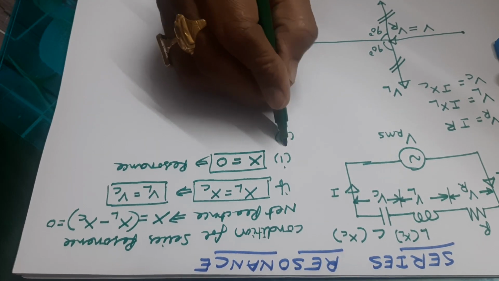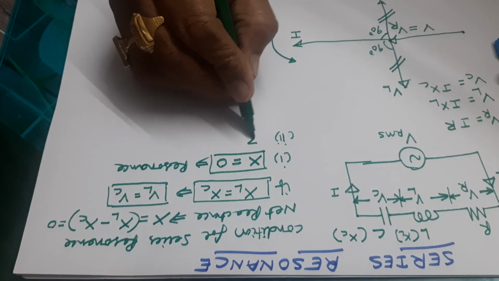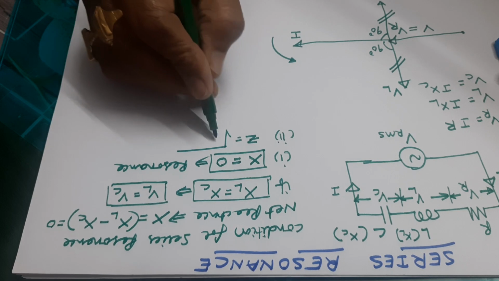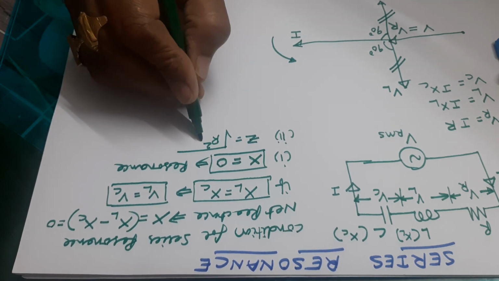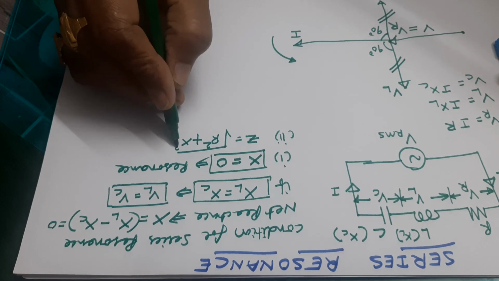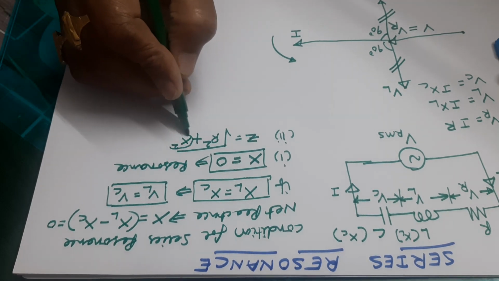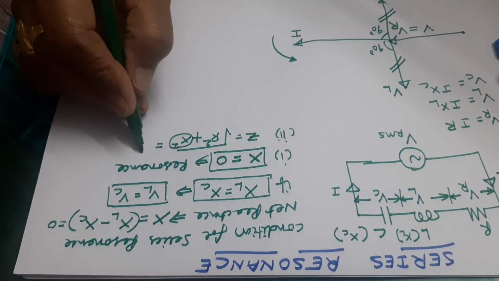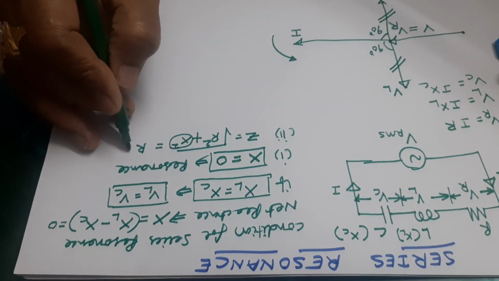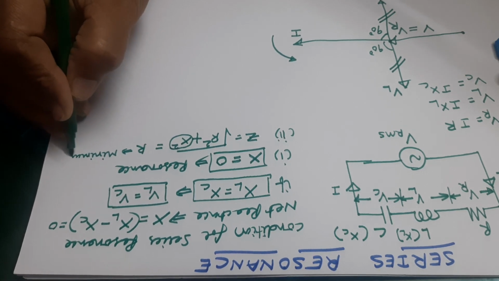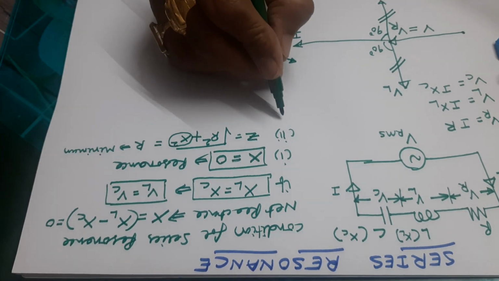Once the net reactance value is 0, we know that in AC series circuits the impedance is the vector sum of R and reactance. So this part becomes 0, and the impedance offered by this circuit is only the R value. That is, it is offering minimum impedance.